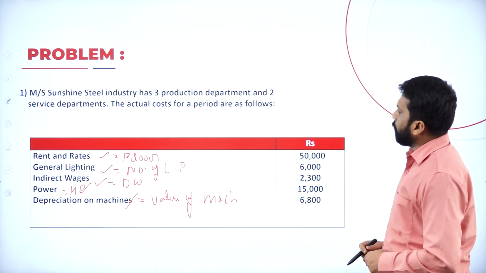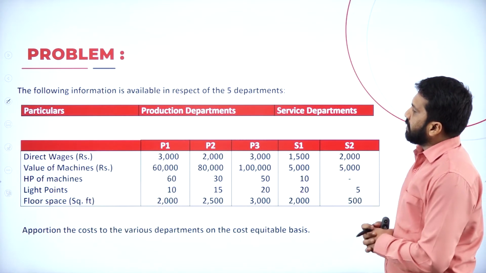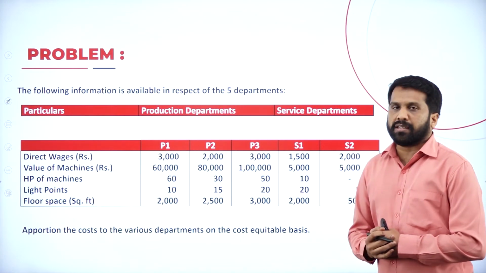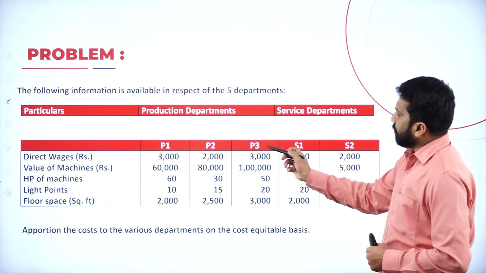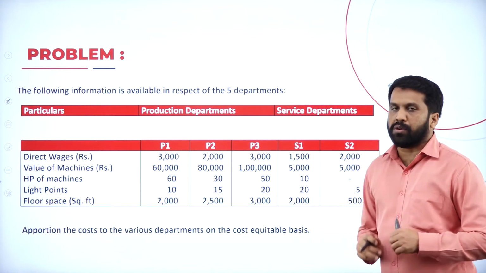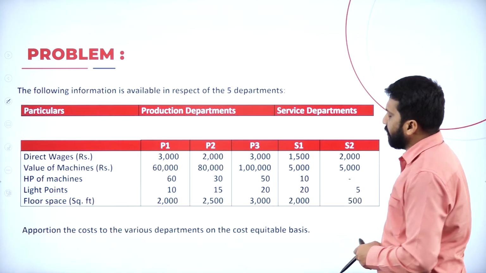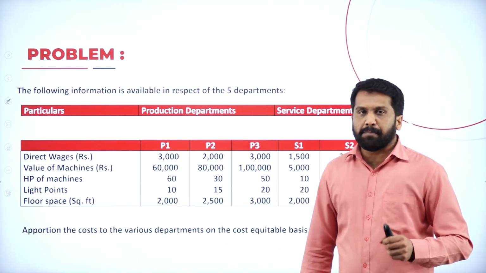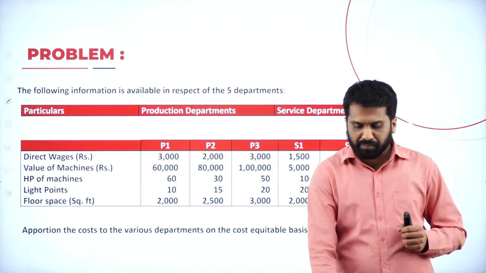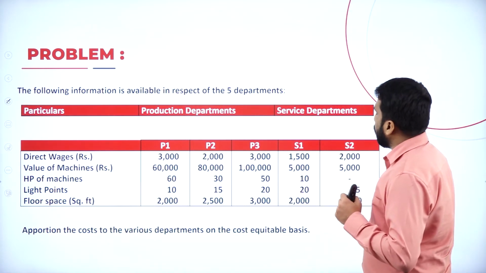So we got all the information and these are your distribution. So 3,000 to 3,005. What we have to do? We have to simplify. Now we will simplify this.